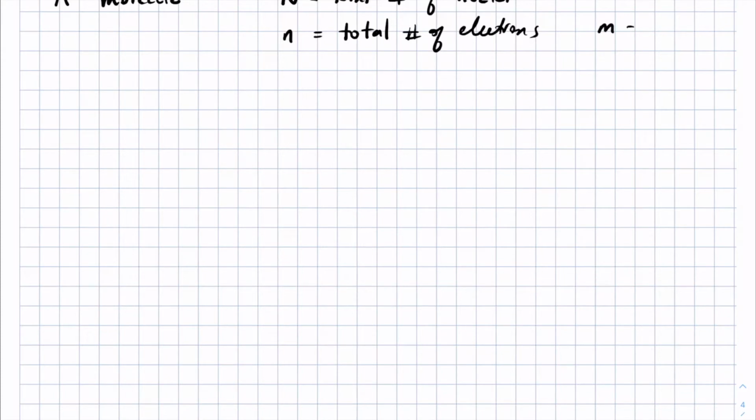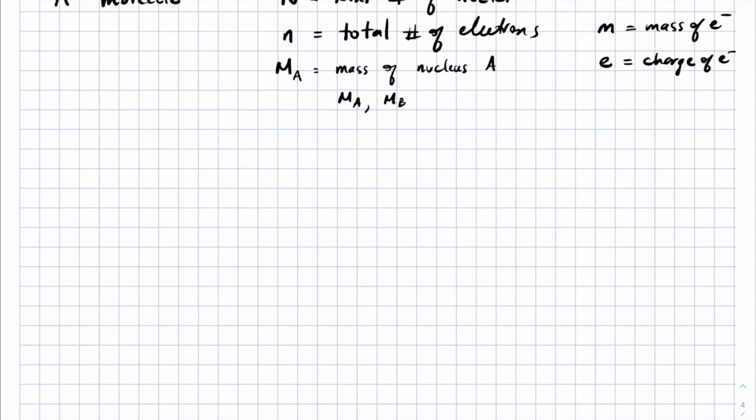Little m is going to be the mass of an electron. E will be the charge of an electron, which is actually the same but opposite of the charge of a proton. M with the A subscript is going to be the mass of nucleus A. And so we're going to have M_A, we're going to have mass of nucleus B, all the way out to however many nuclei that we have.